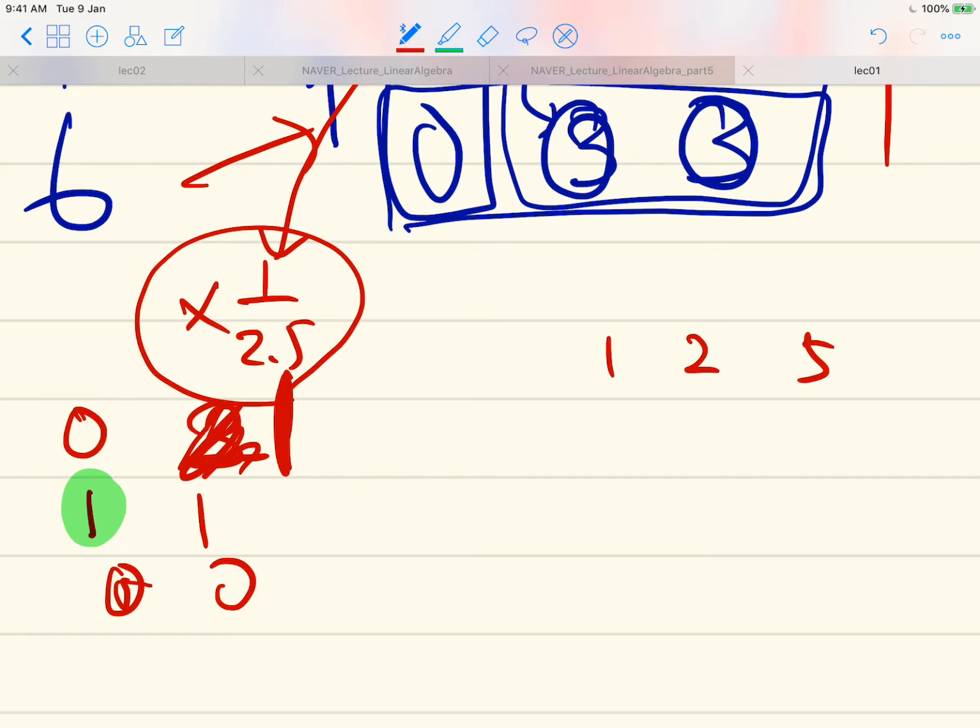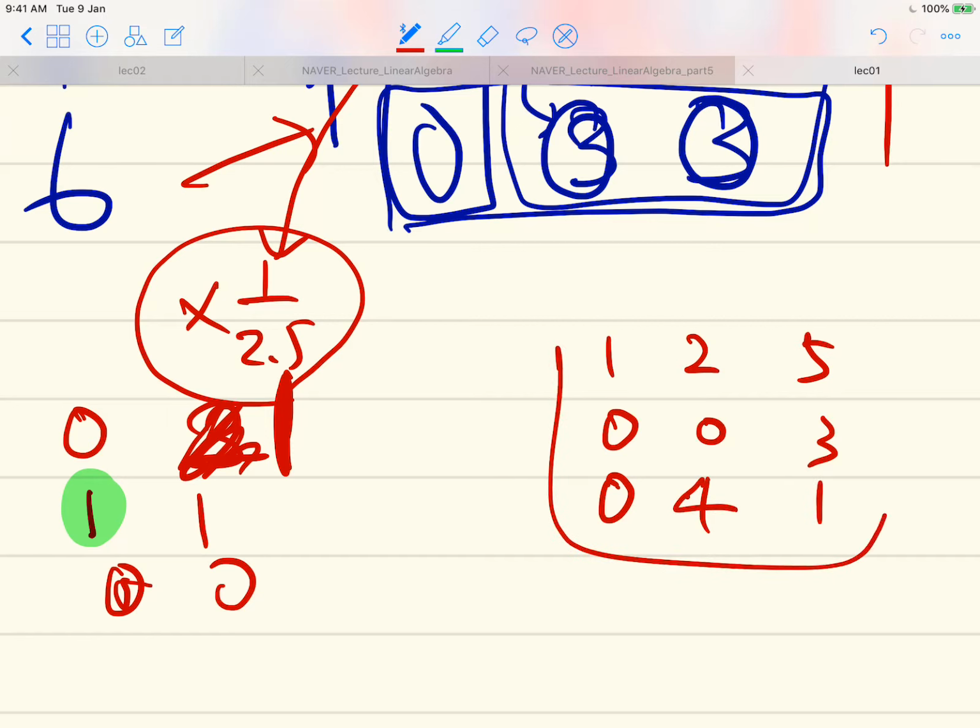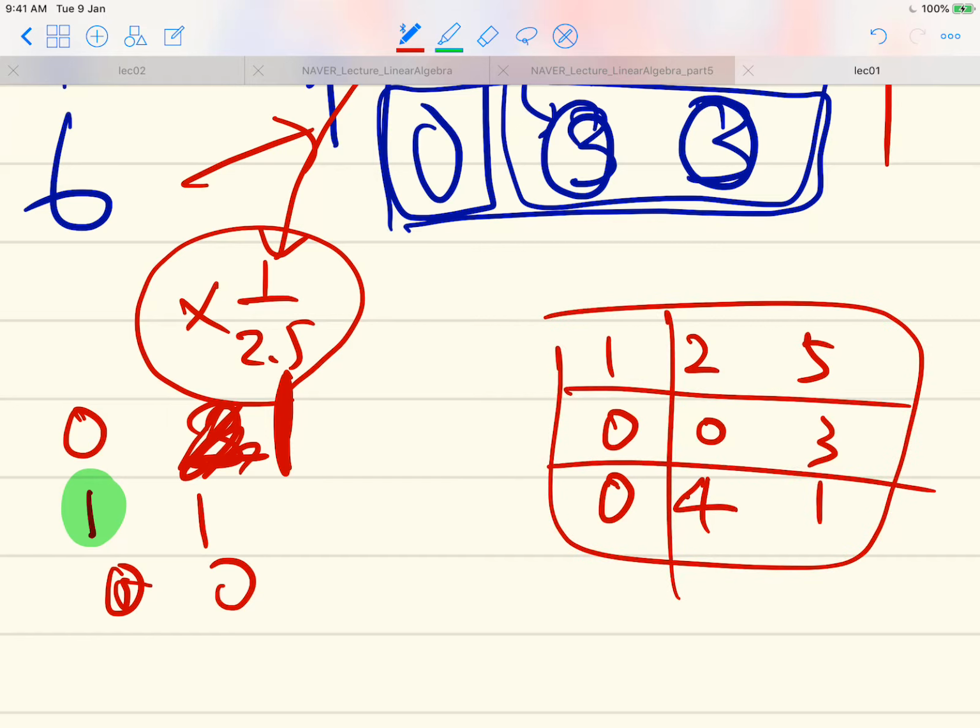Okay, so for example, let's think of this matrix. So what are the leading entries? Leading entry is considered for each row, and the 1, 3, and 4 are the leading entries, right?